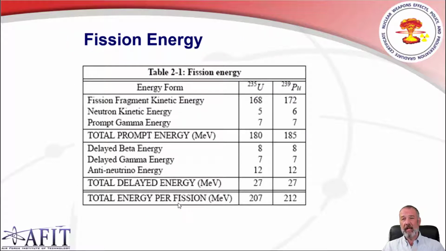But that's not the whole story, because there's more energy involved here. It turns out those two fission fragments are actually in an excited state. So they're probably going to decay, either really quickly or much further down the road. And so we can split this up into two different categories. One is prompt, and the other is delayed. Now, when we talk about nuclear detonations and what's going on as the weapon explodes, and looking at the output of the weapon, we normally lump the prompt gammas and the prompt neutrons into the energy release for each fission.